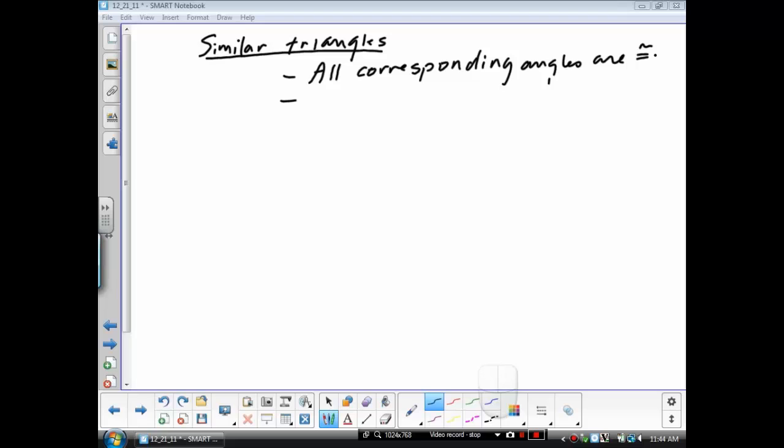So to repeat myself, we are working with similar triangles, and just like with similar figures, a triangle is a figure. Number one, all corresponding angles are congruent. And number two, all corresponding sides are in proportion.